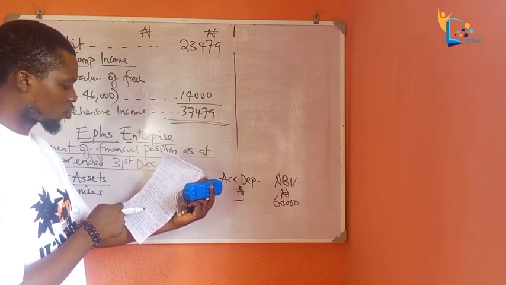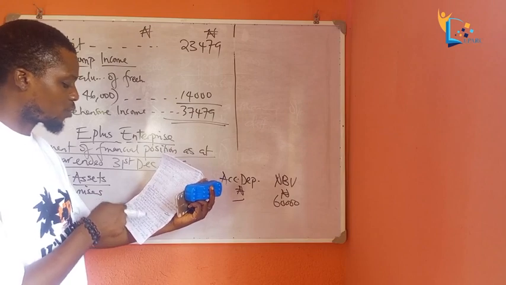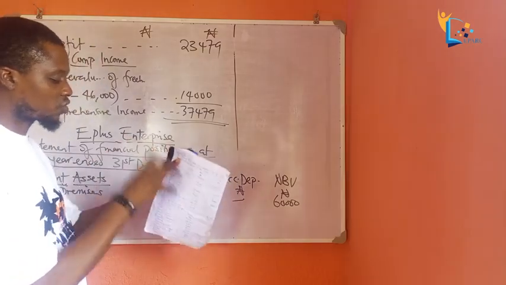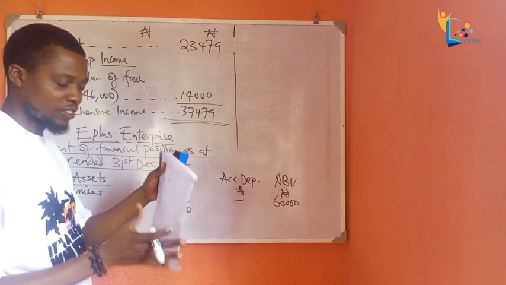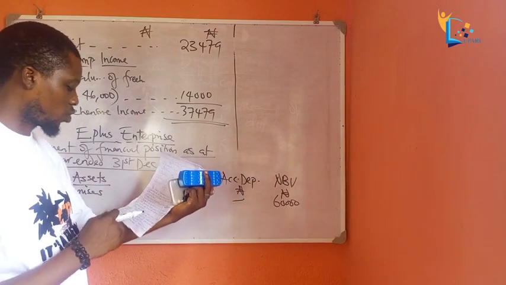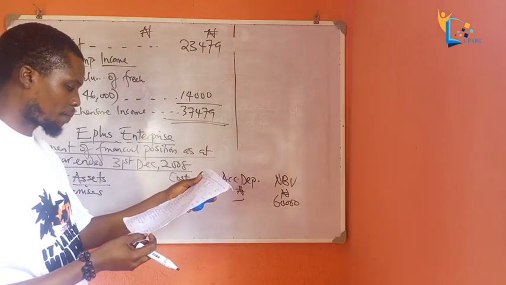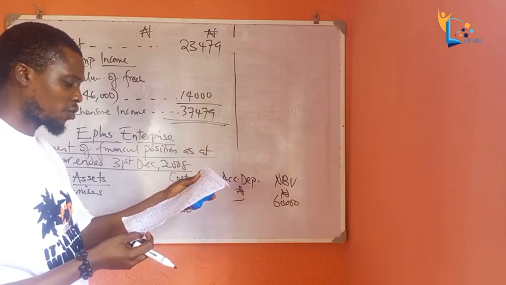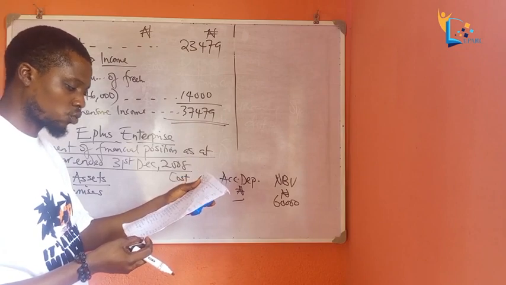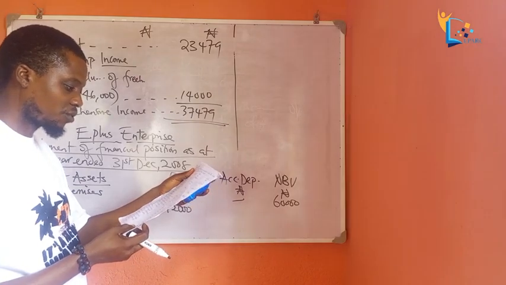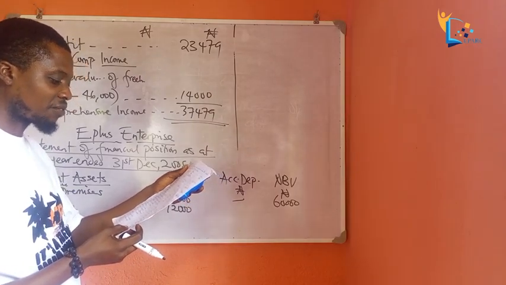Charge depreciation on non-current asset as follows: motor vehicle 10%. So we'll add the one from the additional information and the one from the trial balance together. 10% of 12,000 is 1,200. Plus the provision here, 4,500, will give us 5,700.